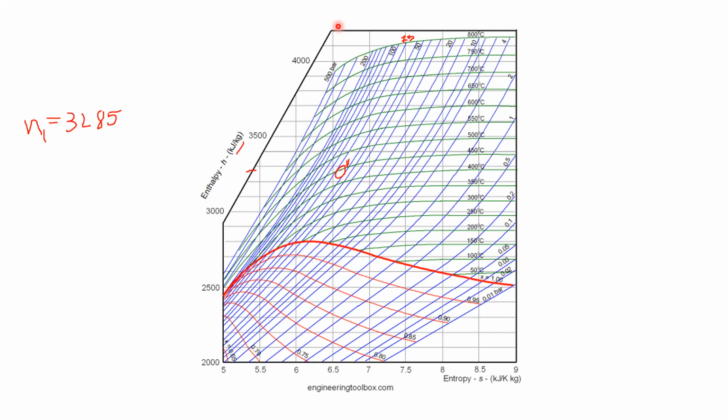If you draw a straight line from this first position to the horizontal axis, that will give you constant entropy. I'm just drawing the straight line here. Sorry.